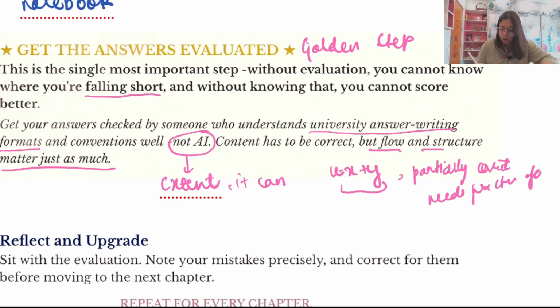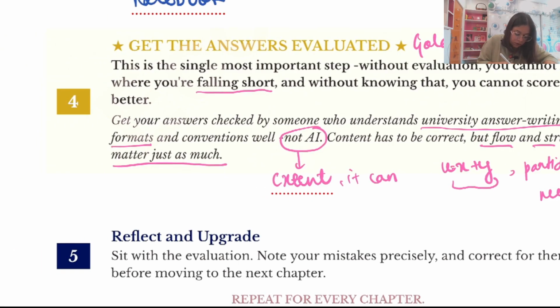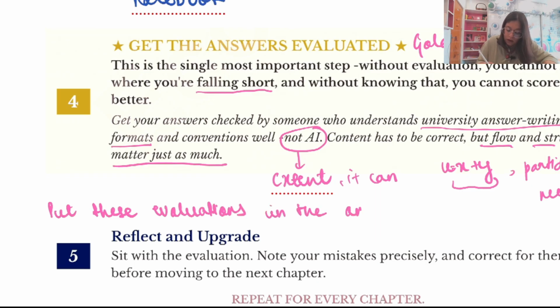Or somebody's evaluation can say is not able to interpret utility function correctly. Somebody's evaluation can say the answer is correct, but it's not explained correctly. You put all of this feedback in your answer notebook after the questions you have attempted, after you are done with the chapter questions.